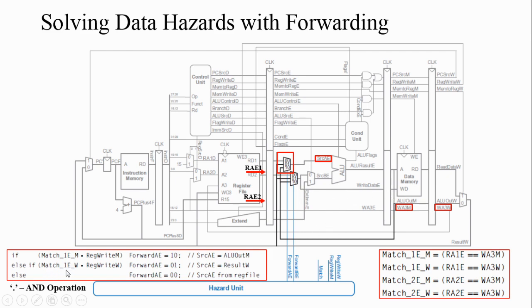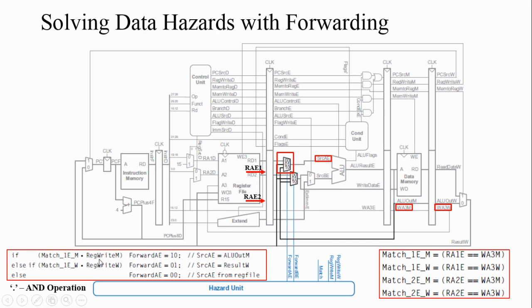Similarly, if match 1EW and RegWriteW, you should see that these both are related with write back, and the earlier ones are related with the memory. So if both these write back signals are 1, right, then ForwardAE will be 01. 01 means the write back data will be sent as source to the ALU.